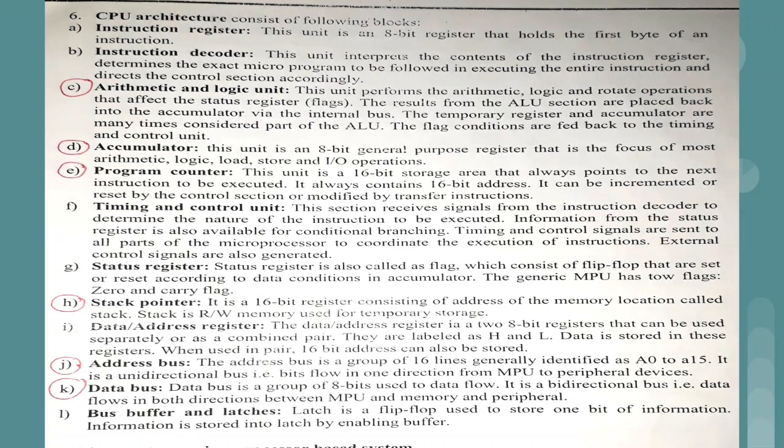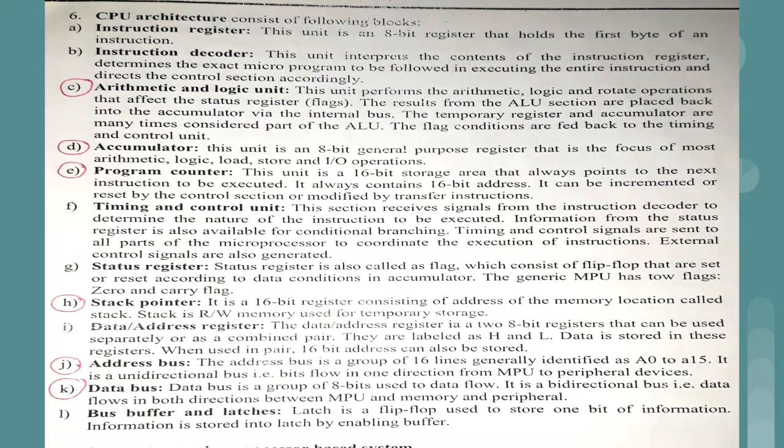Then the next component is the status register. The status register is also called the flag register. In the microprocessor 8085 we have a total of 5 flags, on which we will have a separate question that we will learn in further lectures. So basically flags are nothing but flip-flops. A set of flip-flops which are set and reset according to the data conditions in the accumulator.